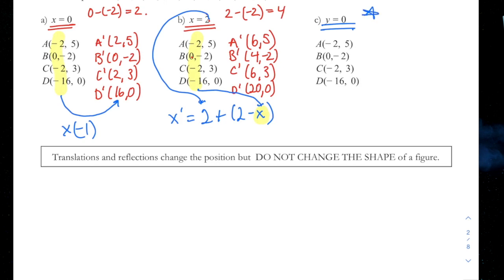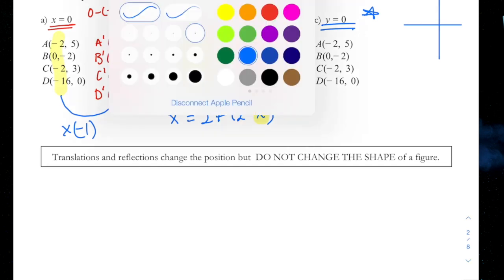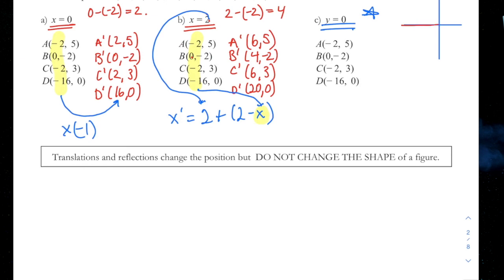So as we approach our last example, which is a very important example because this is what we're going to be doing for the remainder of the unit, if I think about reflecting anything in the line y equals 0, which is obviously the x-axis, right? So no matter what it is, all I have to do is basically flip it.